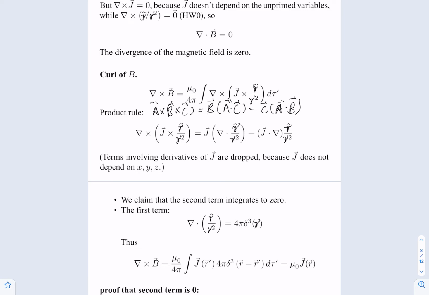Now this integral simply means that we need to change the r prime vector to this r, and then this simply goes back to the expression that we derived earlier, del cross B equals mu naught J.